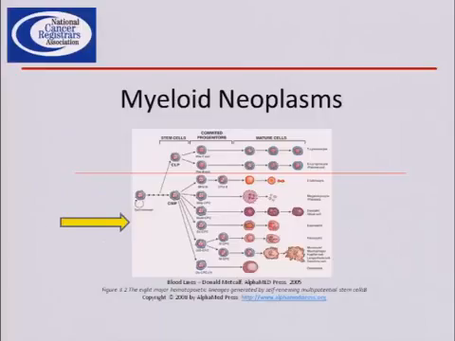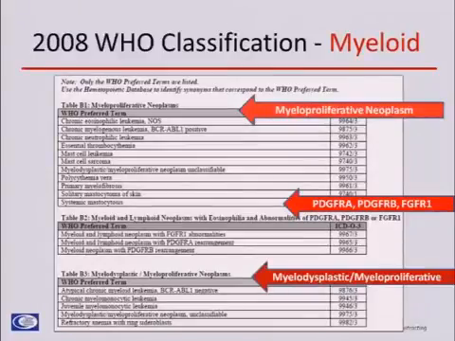So if we're looking at myeloid neoplasms, the first group is the myeloproliferatives. So here we have not yet leukemia, but a proliferation of myeloid cells. These used to be called syndromes frequently, because they weren't considered full-blown leukemias yet.